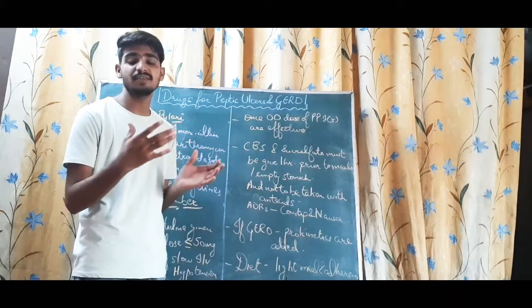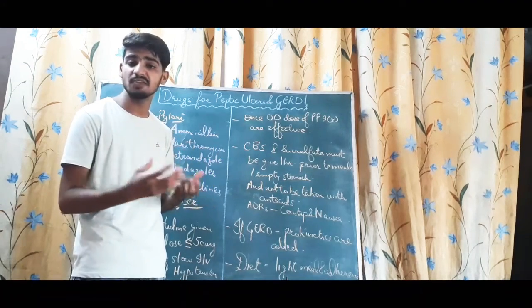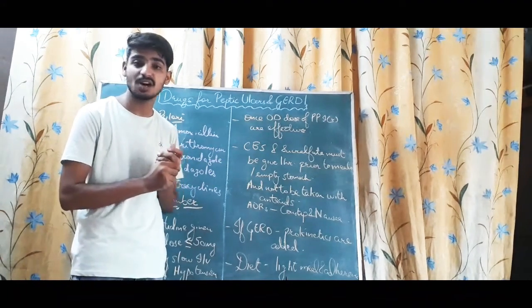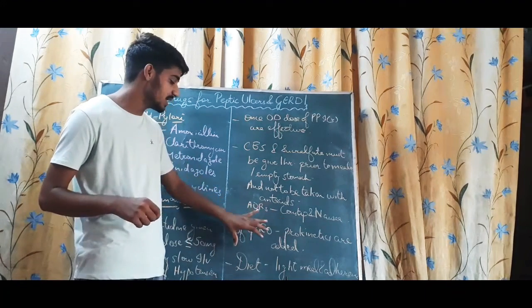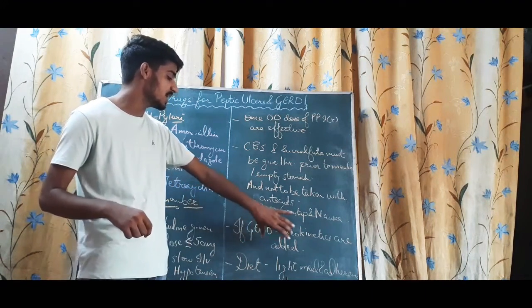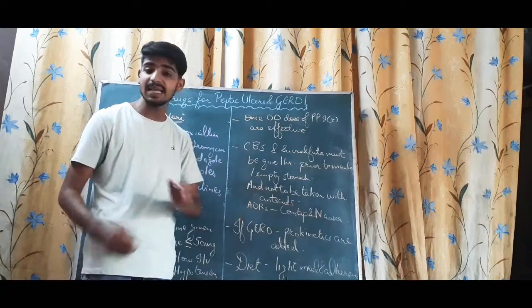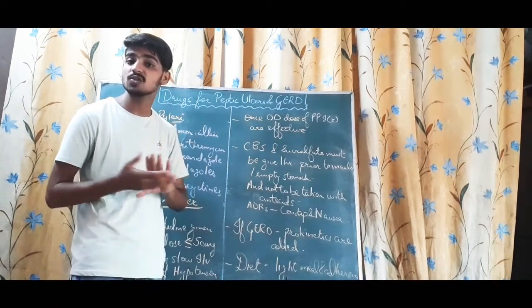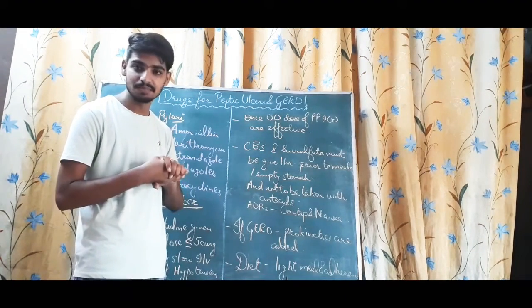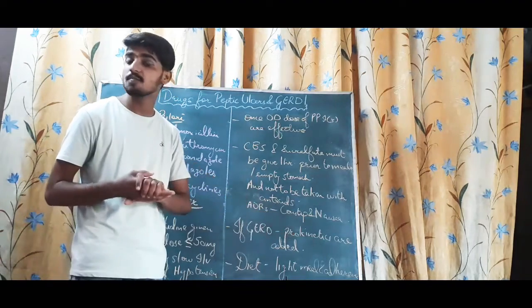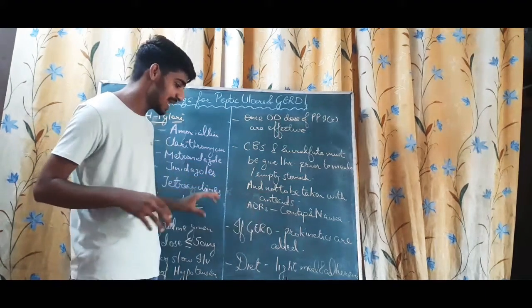So gastric motility will be increased, and there will be hurrying of the emptying of the gastric contents. So this will decrease the risk of GERD. So prokinetics are just like metoclopramide, that is Perinorm, and others are there like domperidone. So these are also prokinetics.